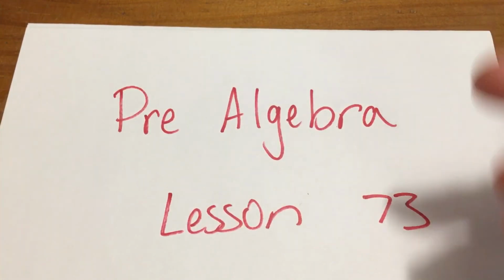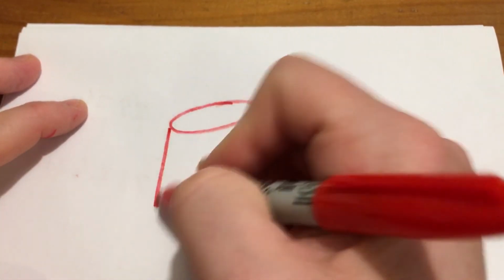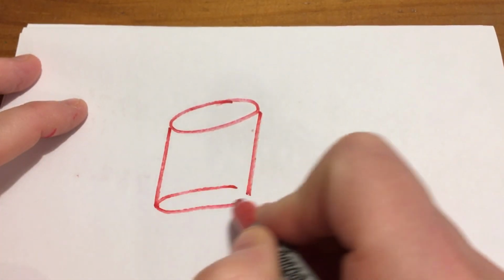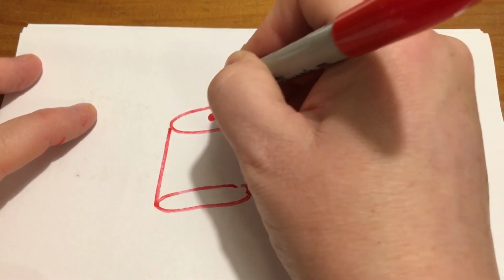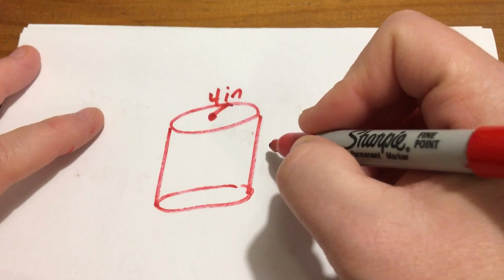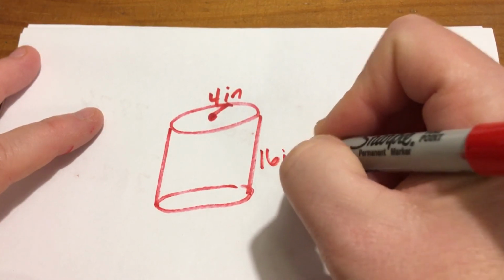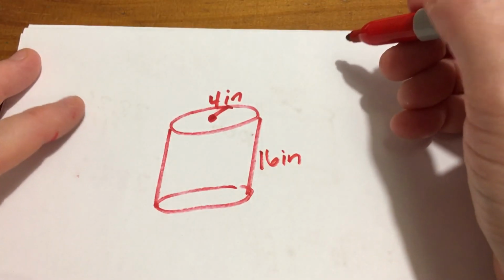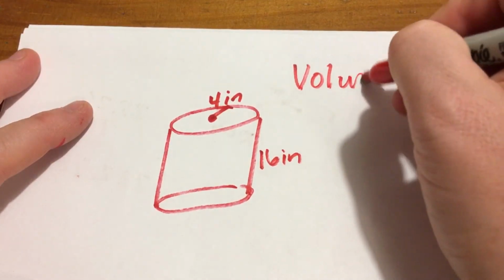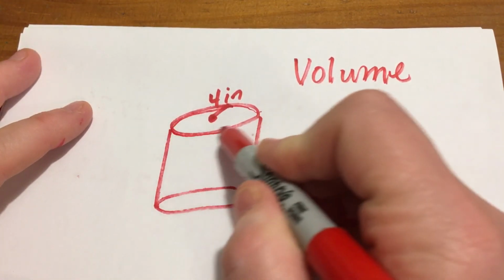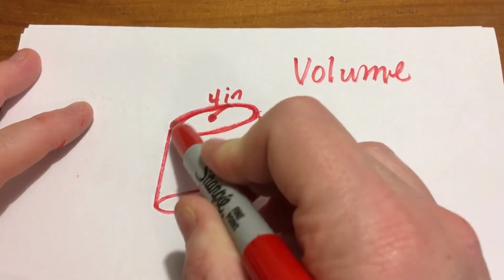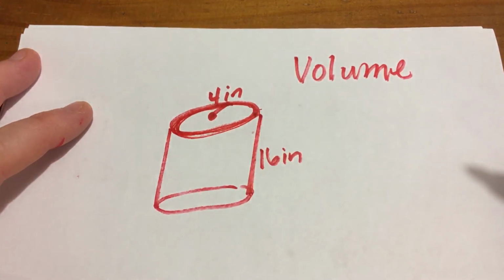So let's do another volume. Let's say this is 4 inches, and this is 16 inches high. So we are trying to find the volume, okay? And remember, it's very easy. You find the area of one of the circles, and you simply times it by the height.